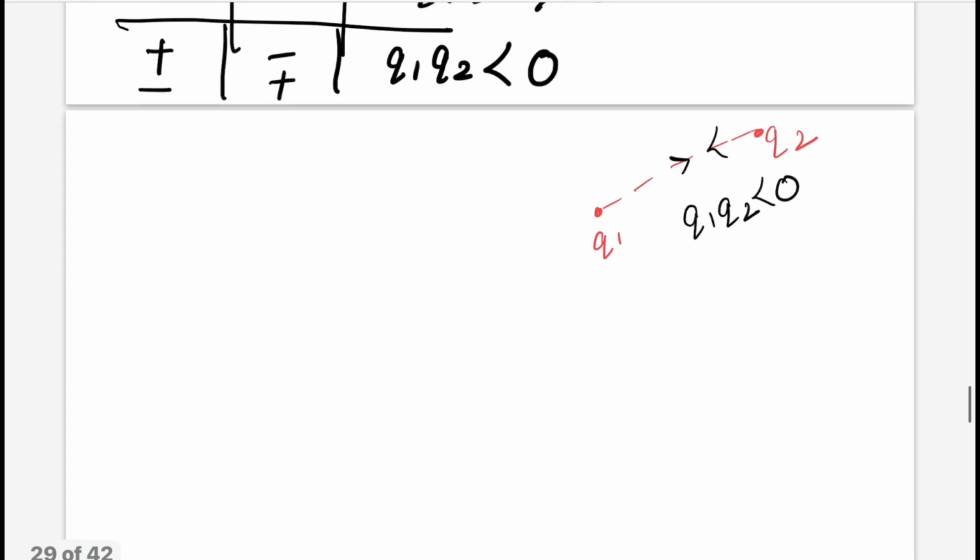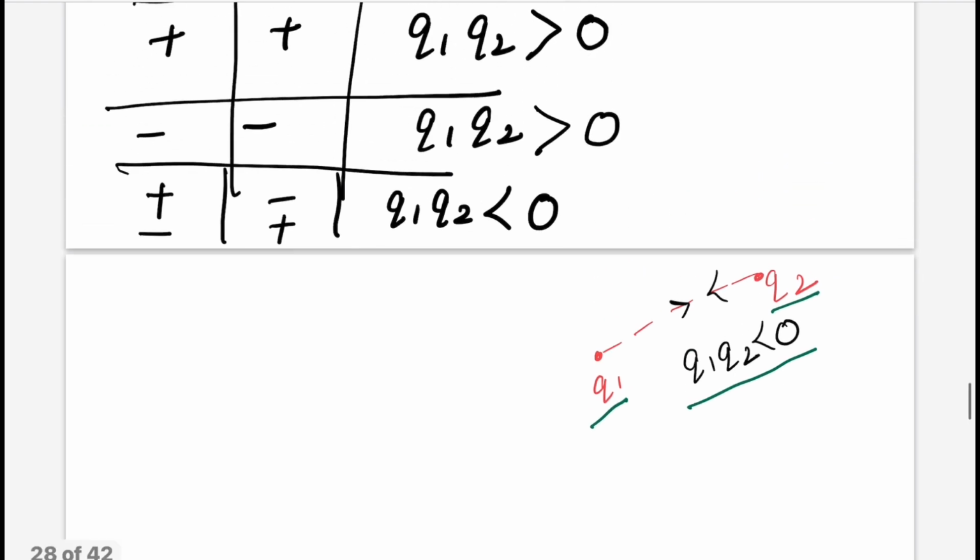The second case is when the charges are unlike charges. It means that Q1 Q2 is less than 0 by this equation.